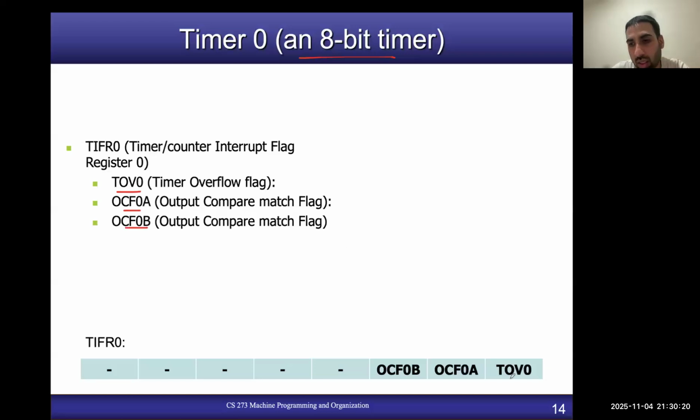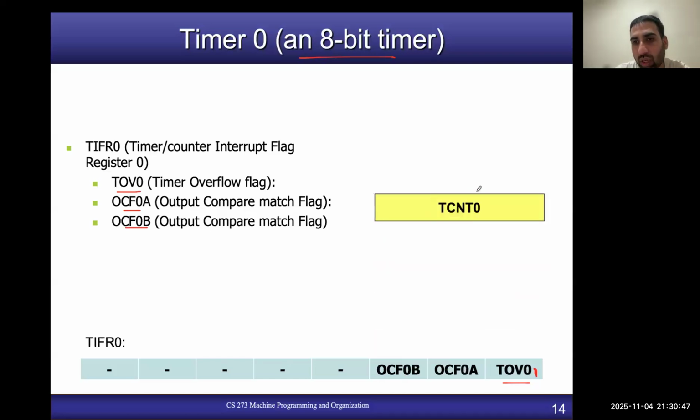The timer overflow flag, timer overflow 0, is set equal to 1 when the value of the timer counter register overflows, which means that it changes from 255 to 0. When the value of the timer counter register changes from 255 to 0, this flag is set equal to 1 by hardware, right? Then the output compare match flags A and B, we will talk about them in a minute.